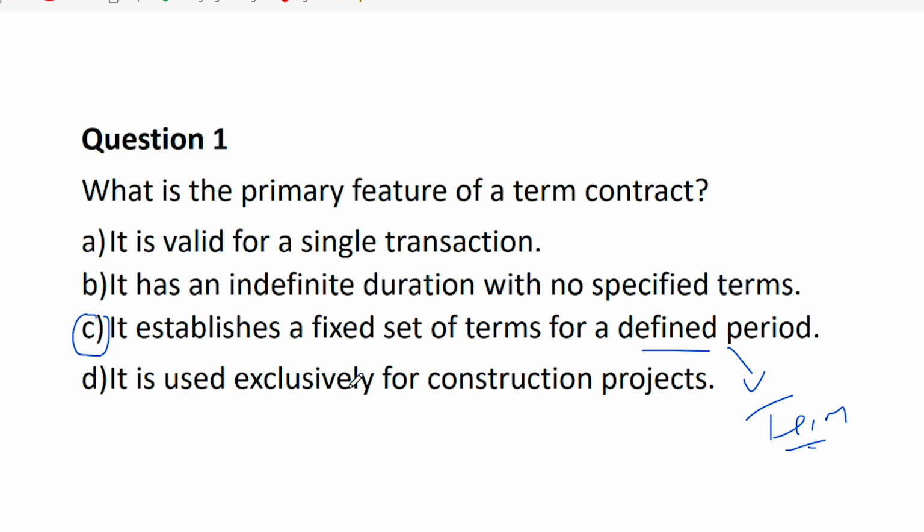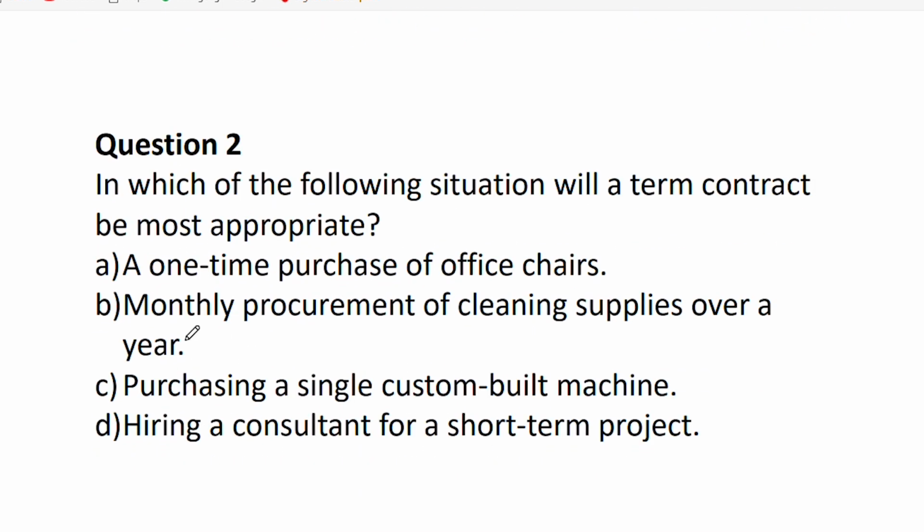Number 2, in which of the following situations will a term contract be most appropriate? A one-time purchase, see, that's a spot contract, okay? Spot purchase. Monthly procurement of cleaning supplies over a year. Purchasing a single custom-built machine. Hiring a consultant for a short-term project.